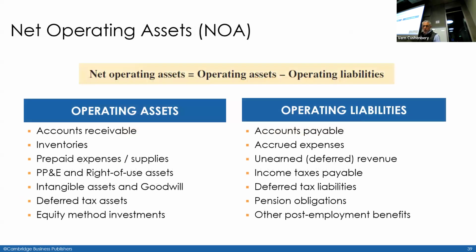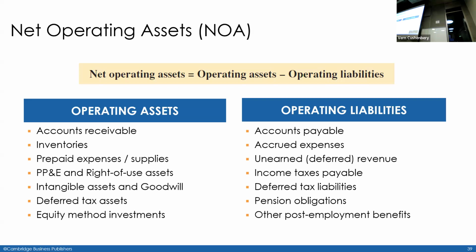And we'll take a little deeper dive here into operating assets and operating liabilities. So most of these underneath the operating asset column should look very familiar. An operating asset is probably something that's going to be identical across balance sheets for most of the companies that we're working on here.